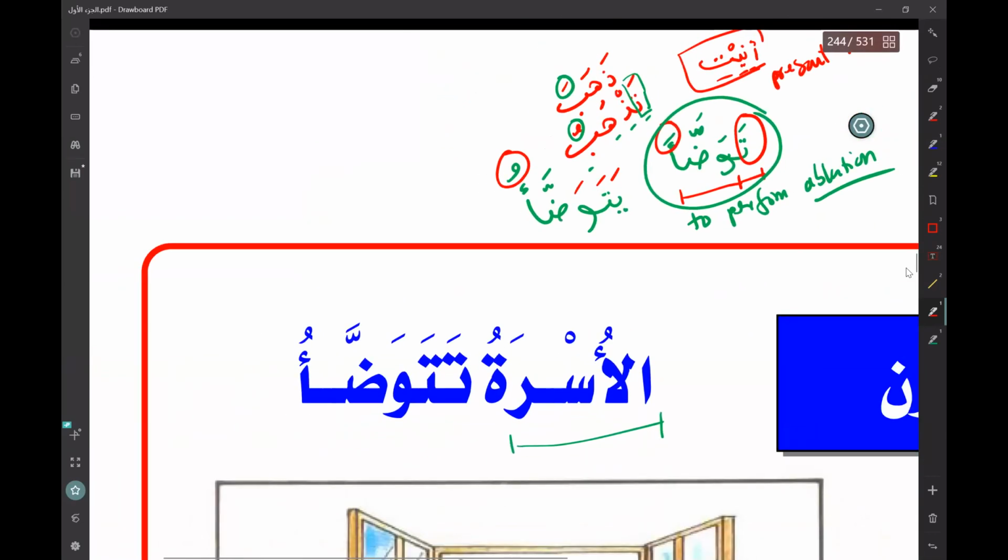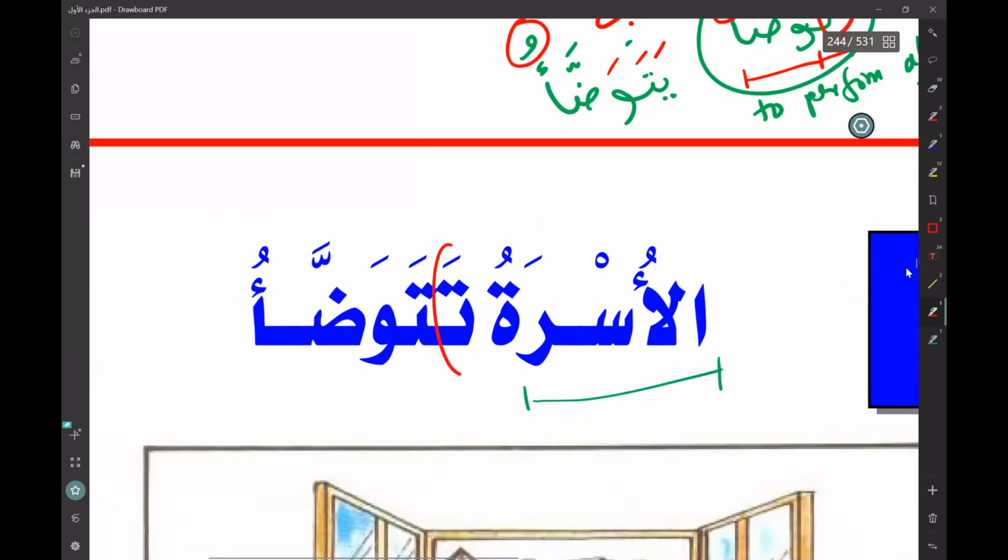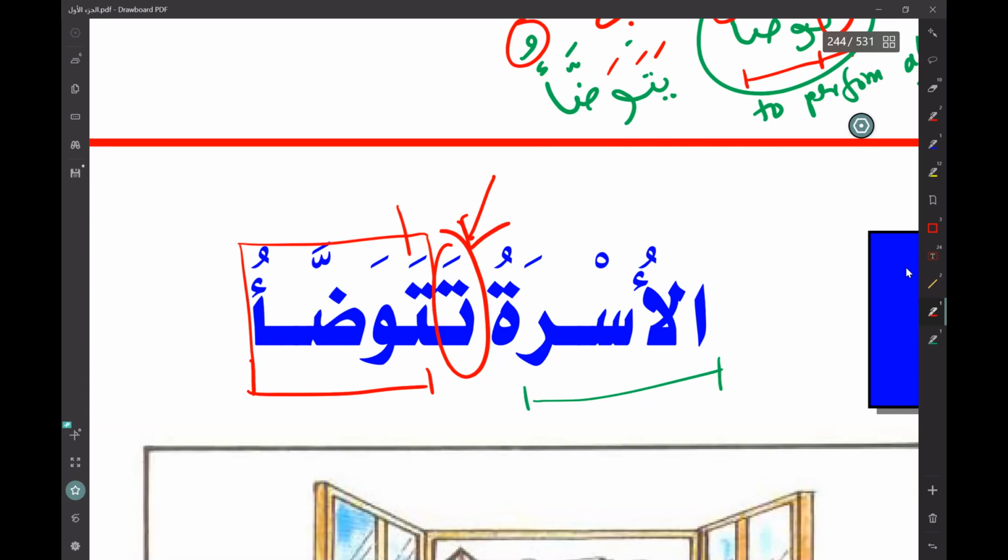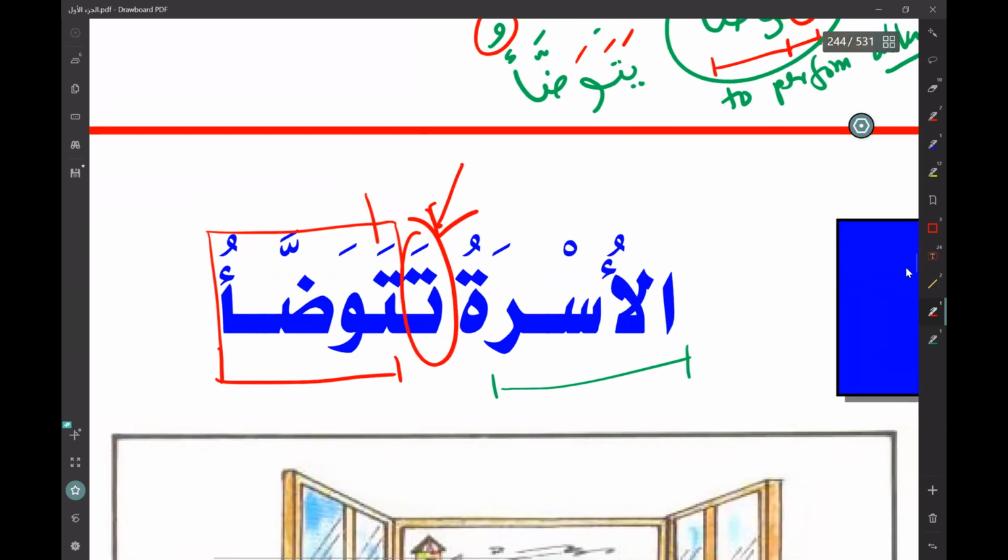So now, why do you think we have ta here? Who can tell me? So this is your past tense. Now we have two ta. This ta is part of the past tense word, and this extra ta is for the present tense. Now, why do we have a ta?